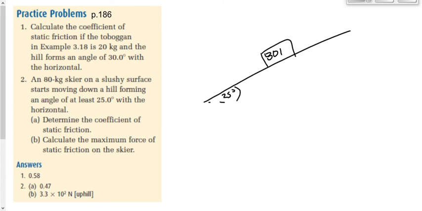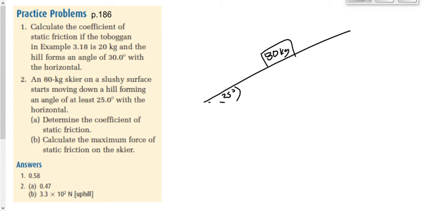All right, here's my 80-kilogram skier. It starts moving at 25 degrees. So think about this: whatever the force parallel is at this point, that becomes equal to the max force of static friction. You remember when we did those static friction problems a couple weeks ago?